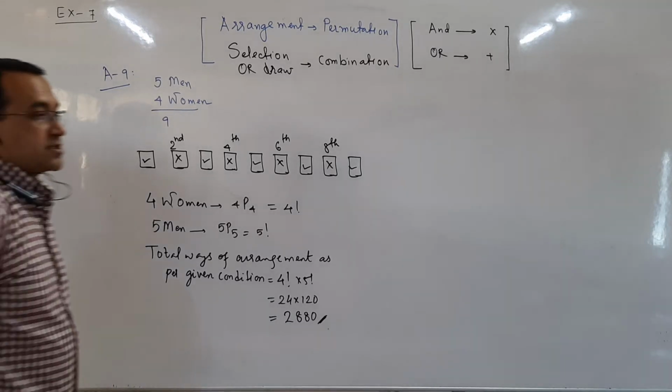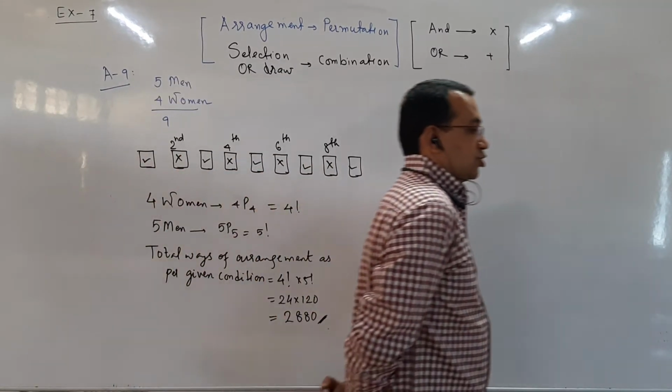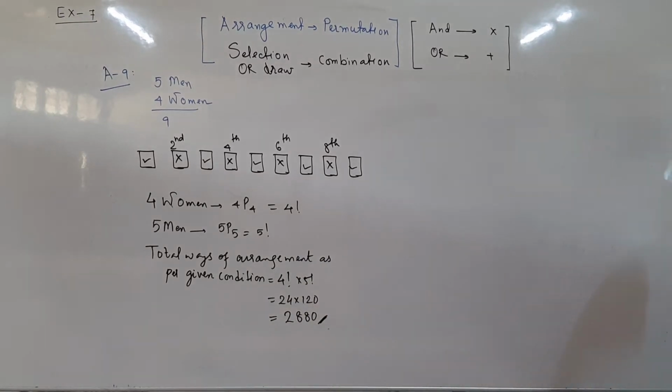The more you understand, students, the more you enjoy. This is a concept which is very useful in day-to-day life. So, students, you have to be very careful, very attentive for doing the sums of permutation and combination.